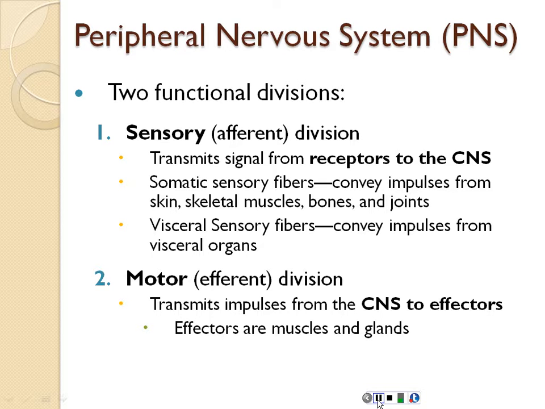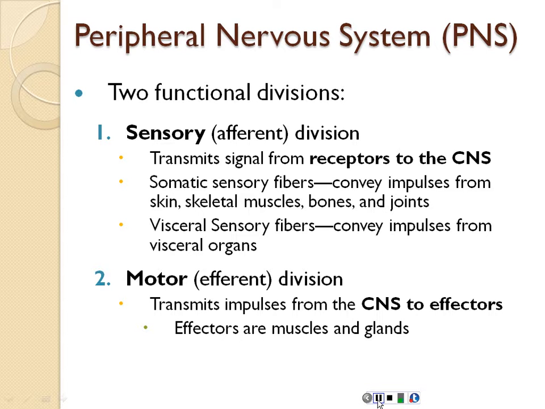Now, what about the PNS? Not the ganglia. You really won't hear anything about ganglia too much, other than what it is, a bundle of what? Ganglia? Bundle of cell bodies, right. So that's about all you'll need to know about ganglia. That's where the cell bodies are located. But nerves, what do you know about nerves?